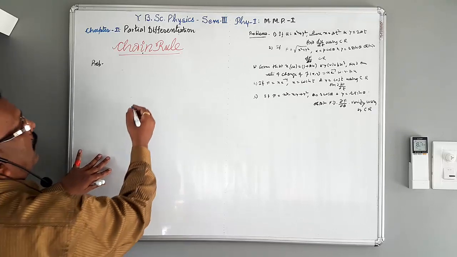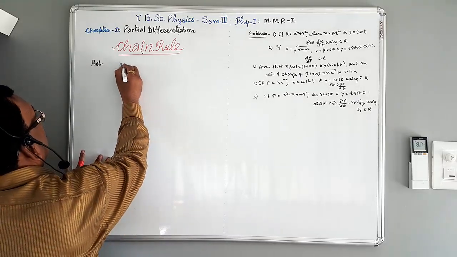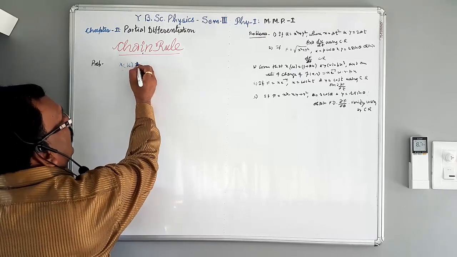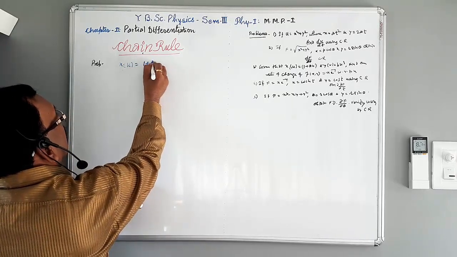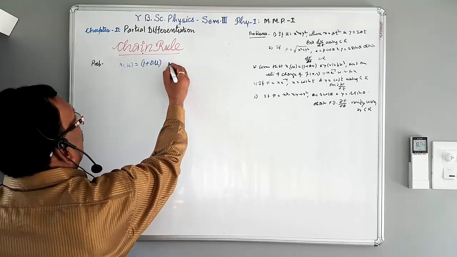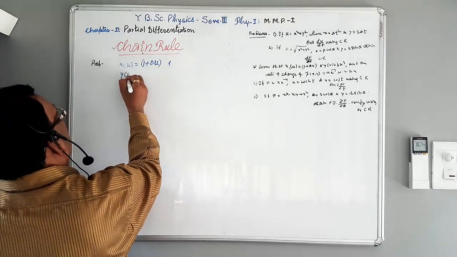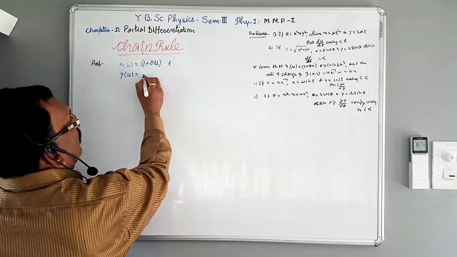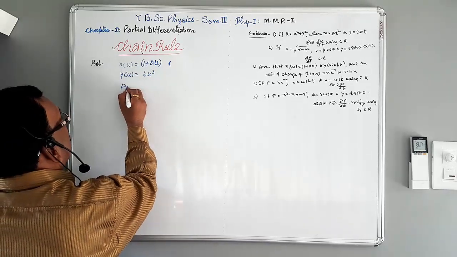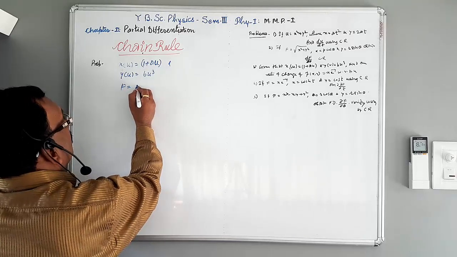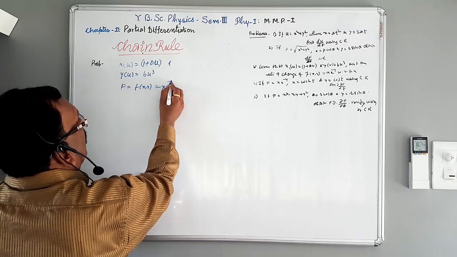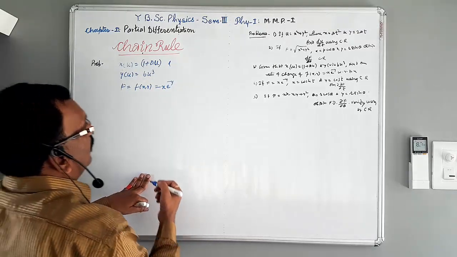In problem number 3, we have x of u is equal to 1 plus a u and y of u is equal to b u cube and f of x y is equal to x e raised to minus y.